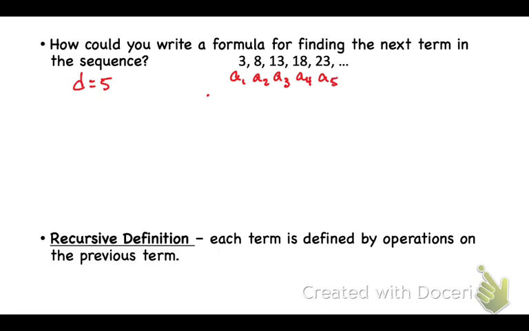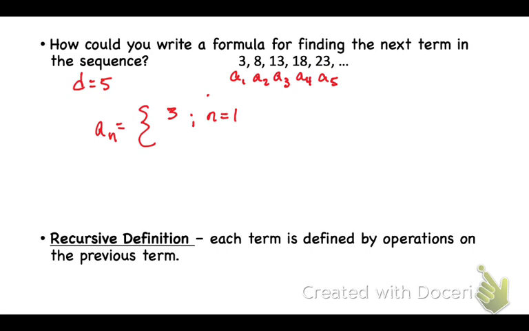Okay. So, well, let's do it the way we did. We do a sub n, because that means the number we want, right? So we started with 3, 3 when n equals 1.